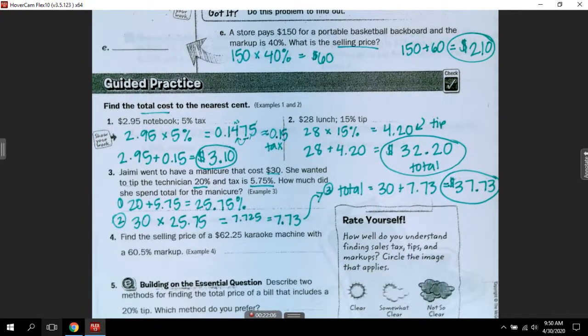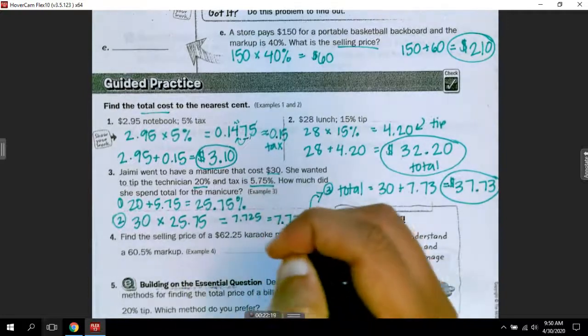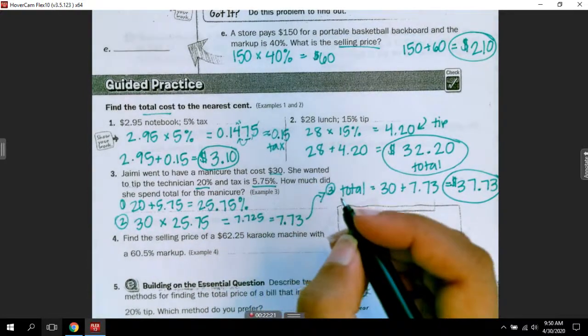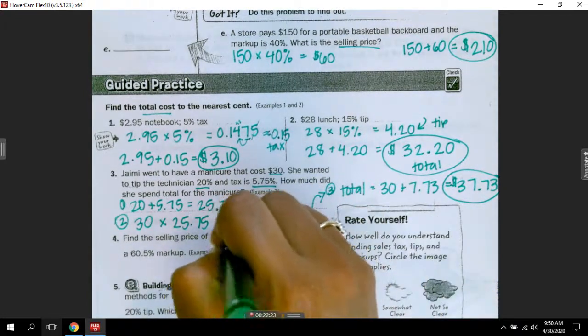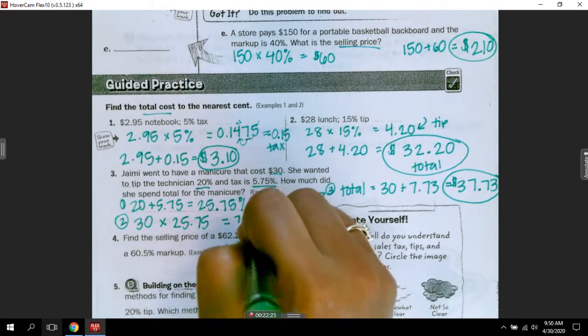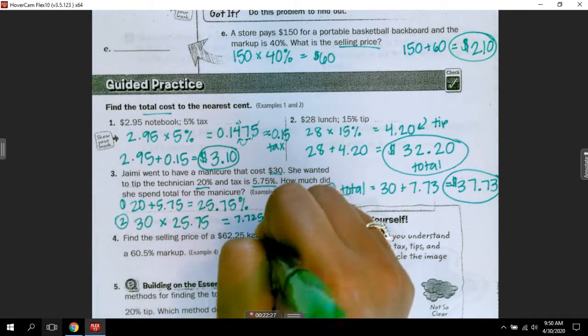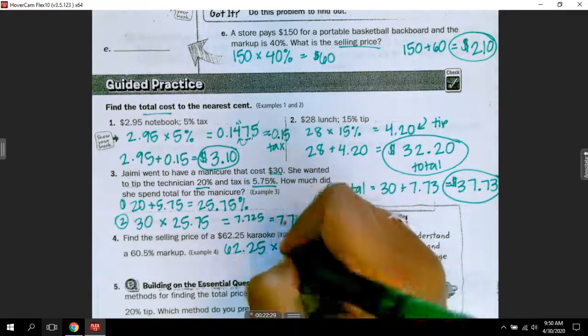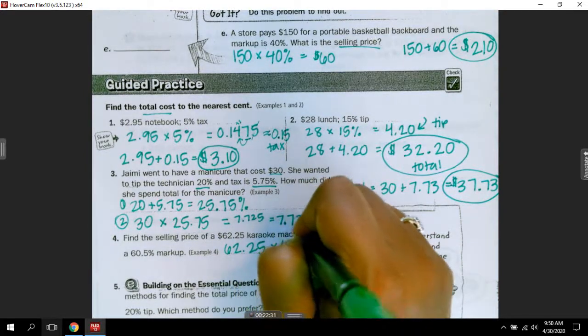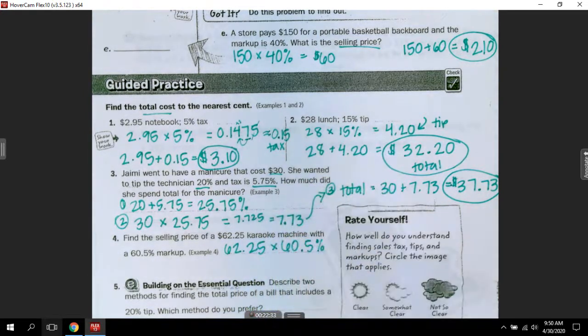Okay. And then last example, number 4, find the selling price of a $62.25 karaoke machine with a 60.5% markup. That is a large markup. All right, so you are going to multiply the $62.25, how much the store bought it for, times the markup, which was 60.5%.